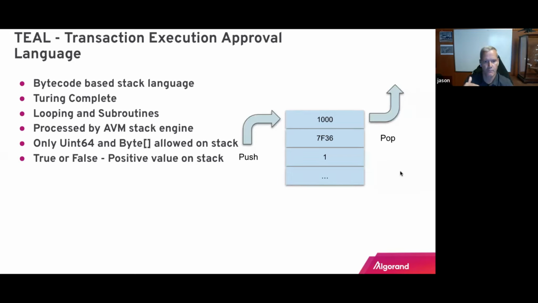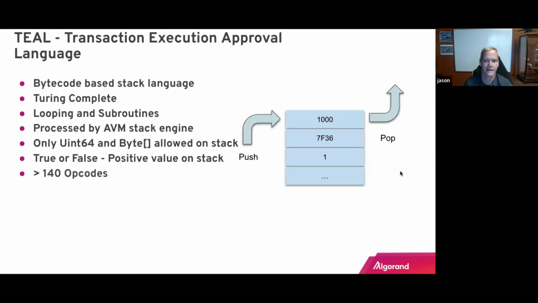If you have multiple positive values on the stack, then you'll return false unless you use the return opcode, which basically says, just give me the last value and return that as my true or false value. So the sole job of the smart contract stack engine is just to process your program line by line and push and pop values off the stack based on something we call opcodes.